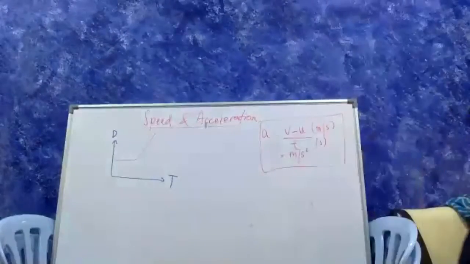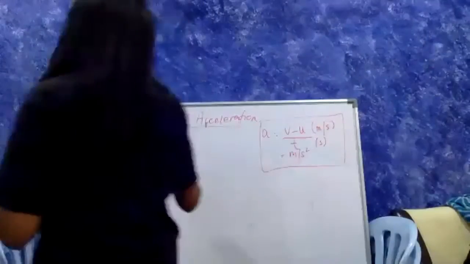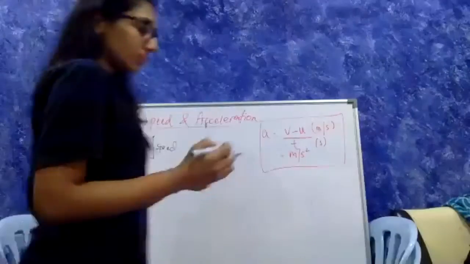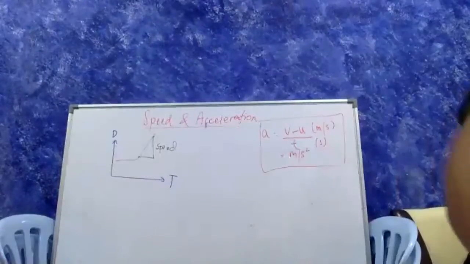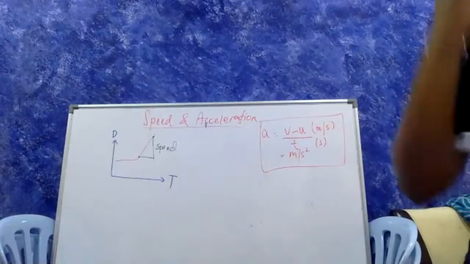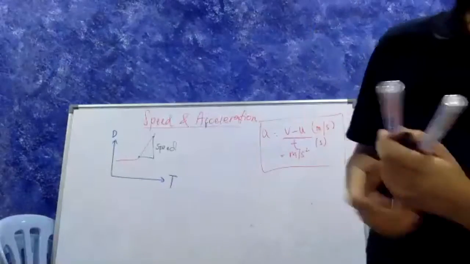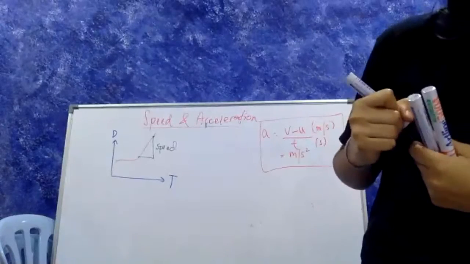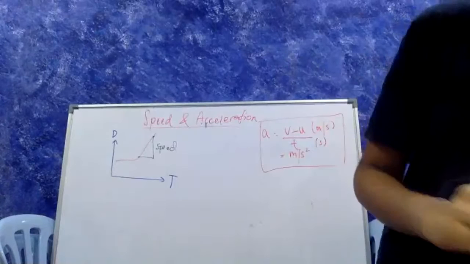So I draw a triangle, and then I find the gradient, correct? That's how I get speed. Okay, so now, similar case, if I have a speed and time graph. Just give me a moment.